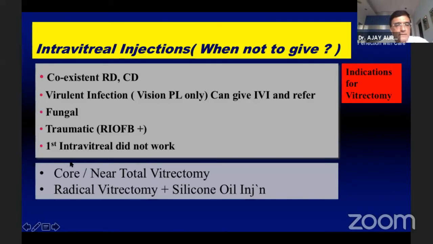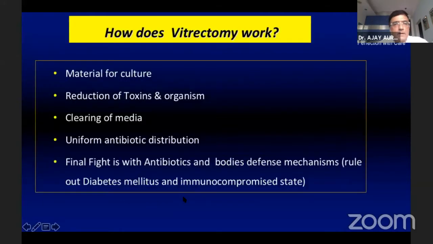As was mentioned earlier, you do a core vitrectomy, or as much as is possible. We are not interested in creating a PVD, but if you have to in certain cases, then you may need to put in silicone.